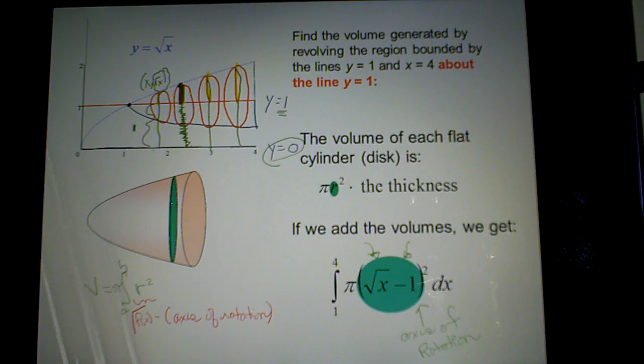Don't forget that all of that is now the radius, and all of that gets squared. Can't tell you how many Algebra 1 mistakes are made with that.